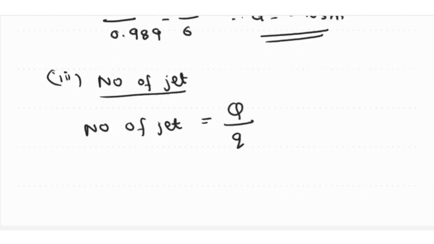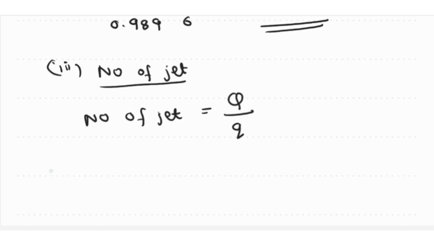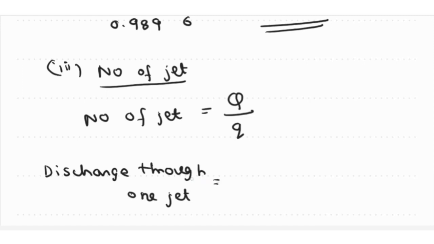Discharge through one jet we can calculate using the formula, because we know now the diameter of a jet. That is by using the formula pi by 4 into d square into v1.